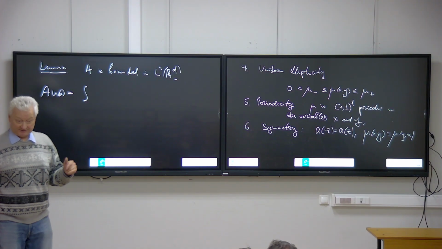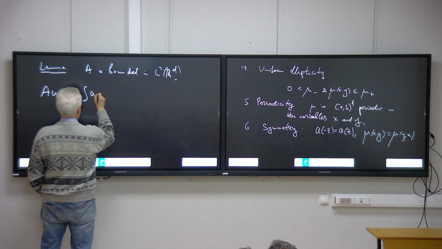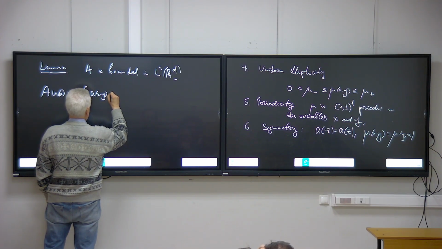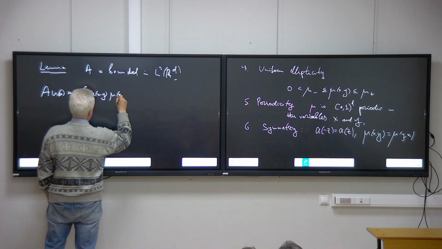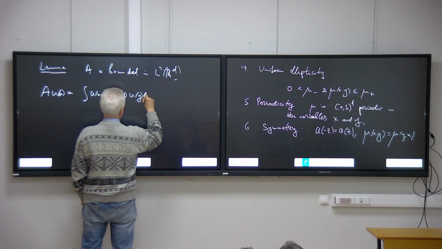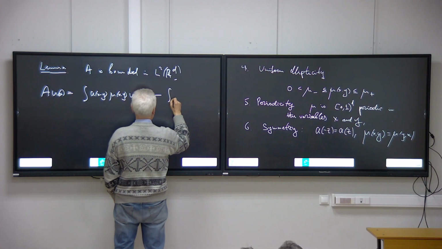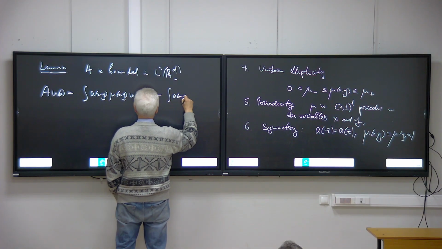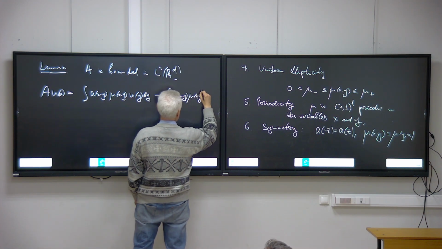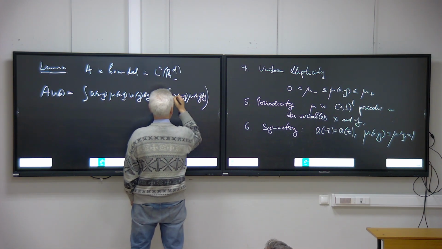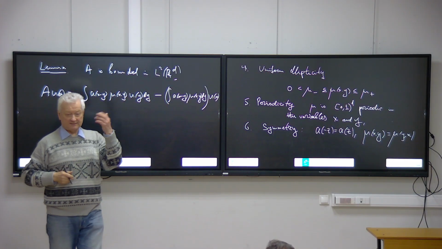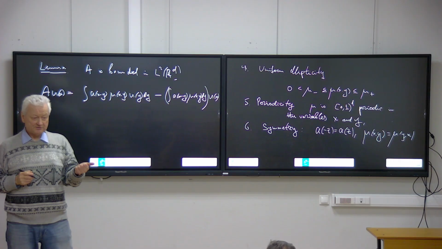Let me write it separately. It's the integral of a of x minus y mu of x y u of y dy, minus the integral of a of x minus y mu of x y dy times u of x. Do you agree? u of x we can send out of the integral.